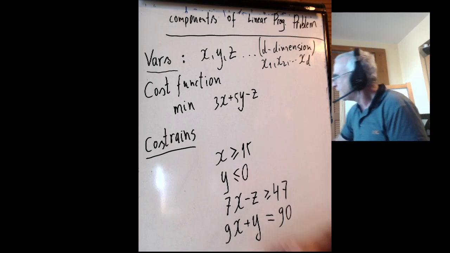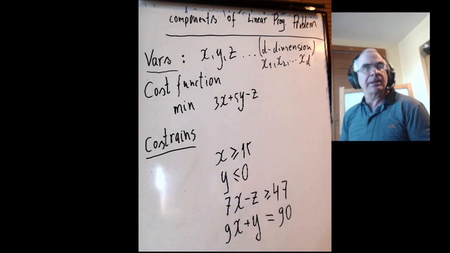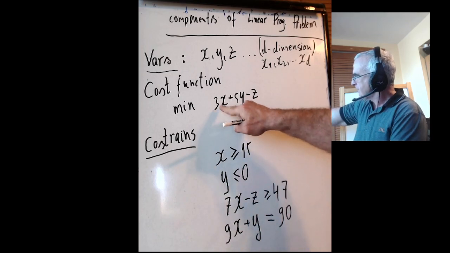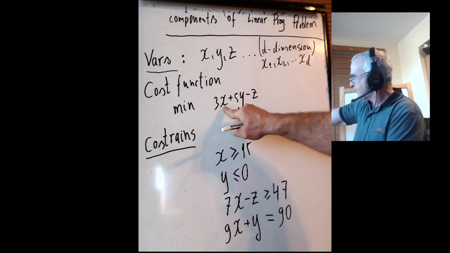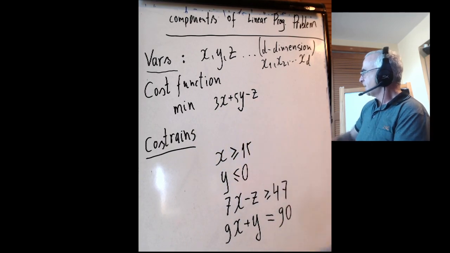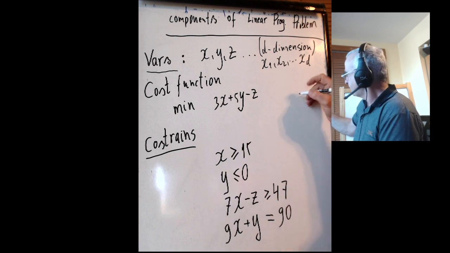You must tell me what the cost function is that you want to work with. And the cost function, of course, needs to be linear. It can be 3 times x plus 5 times y minus z. That's a linear function.